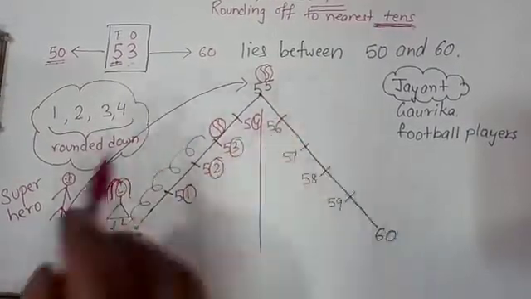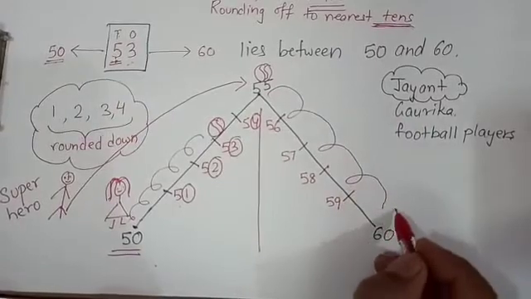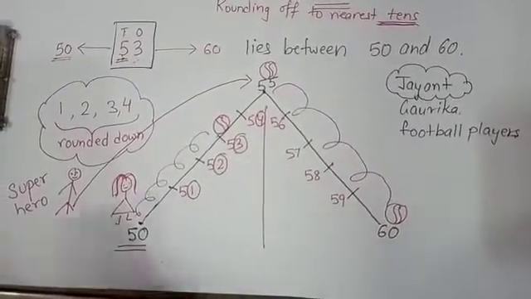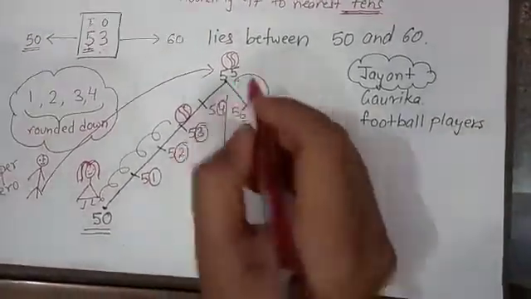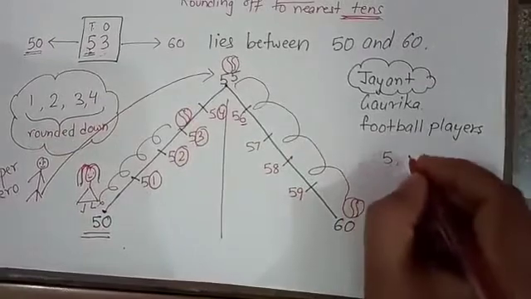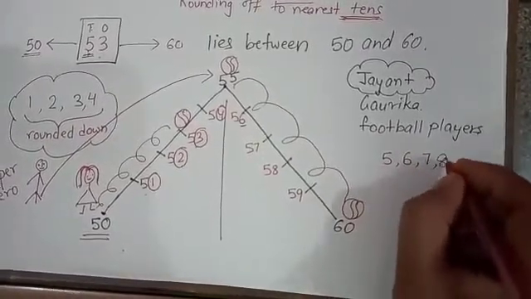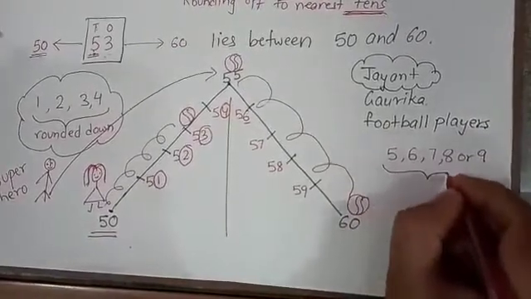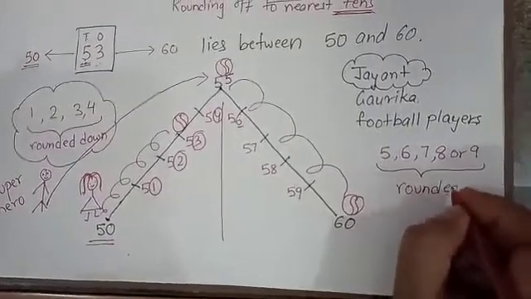The ball came down and down and down and reached 60. What did we learn from here? That if any number is ending with 5, 6, 7, 8 or 9, the value of the number is rounded up.